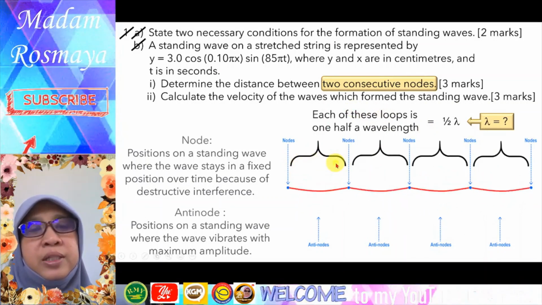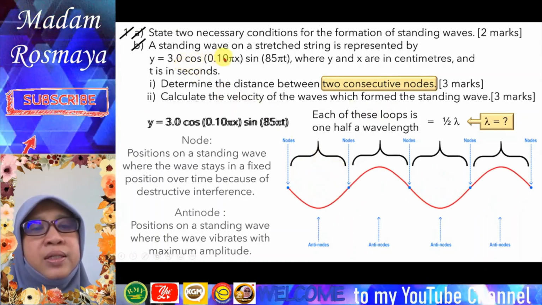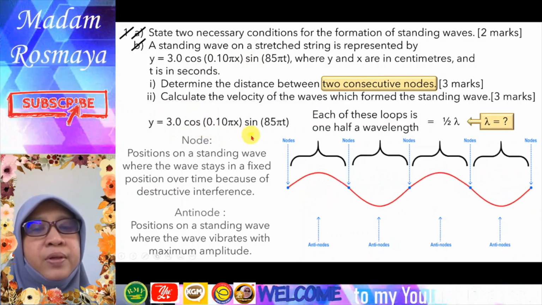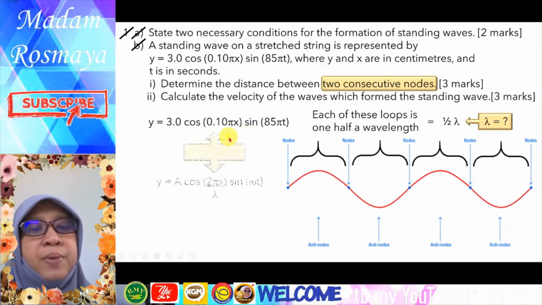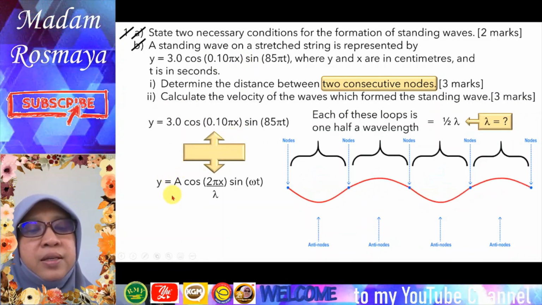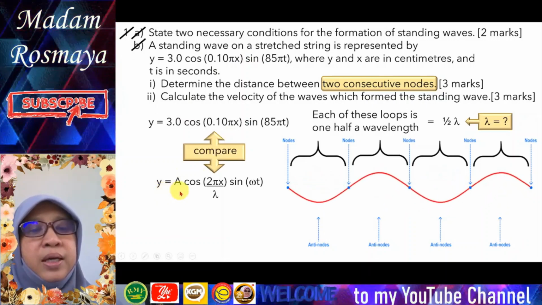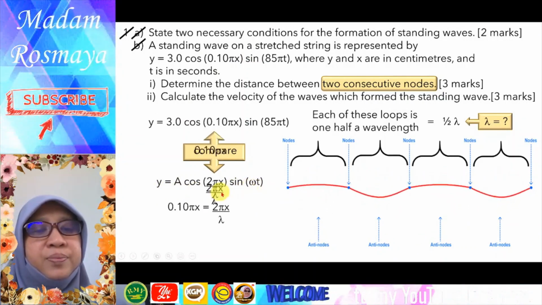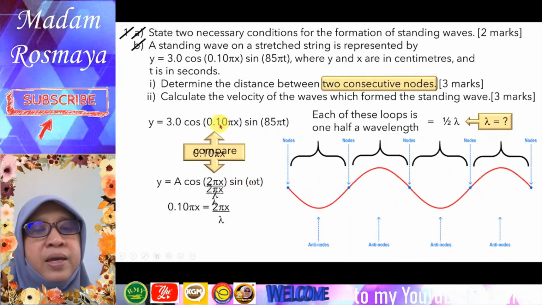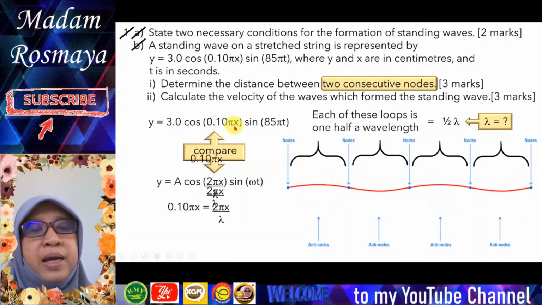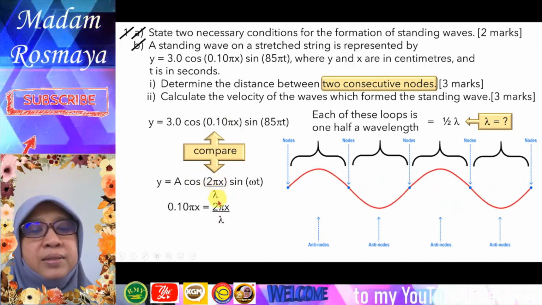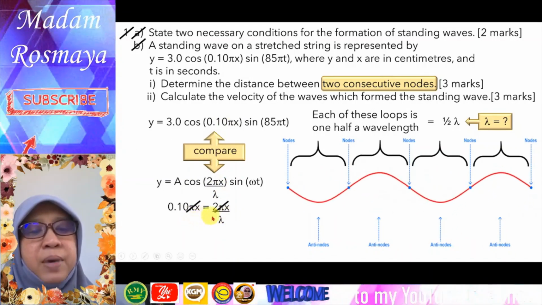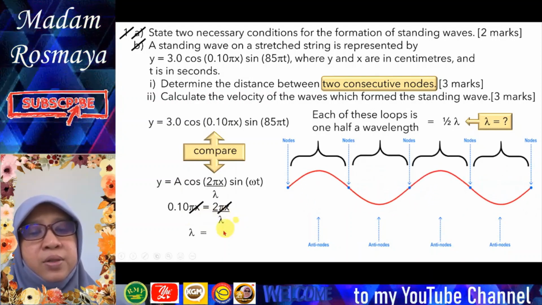To determine lambda, we use the equation of the standing wave given. From here we compare with the general equation of the standing wave, which is y equals A cos 2 pi x per lambda sin omega t. So we compare 0.10 pi x equals 2 pi x per lambda. Then we can cancel out pi x and solve for lambda.